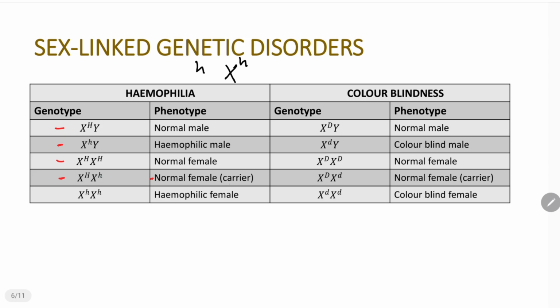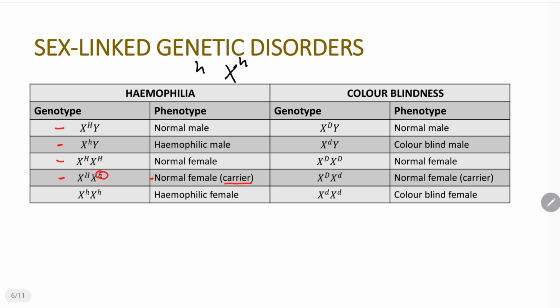But this is a female that we refer to as a carrier. What do we mean when we say this female is a carrier? We're simply saying that this female has got an allele that causes hemophilia, but its effects in this female are masked. But she is capable of having an offspring that has got hemophilia simply because she carries this recessive allele with her.